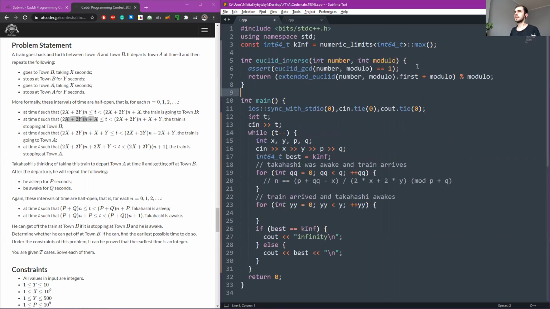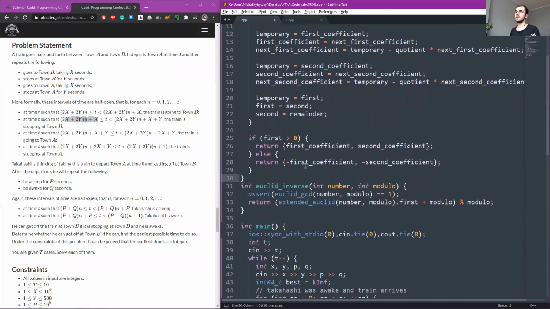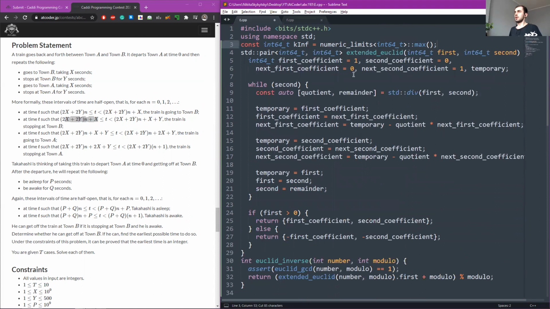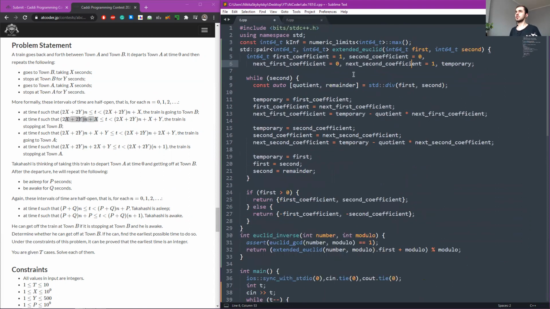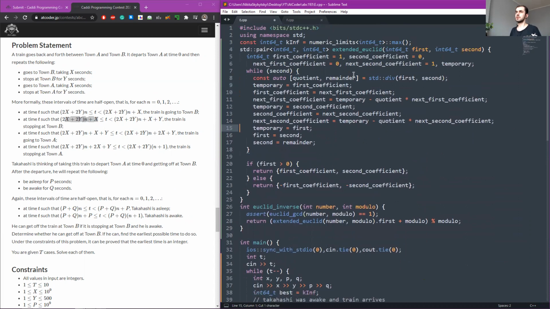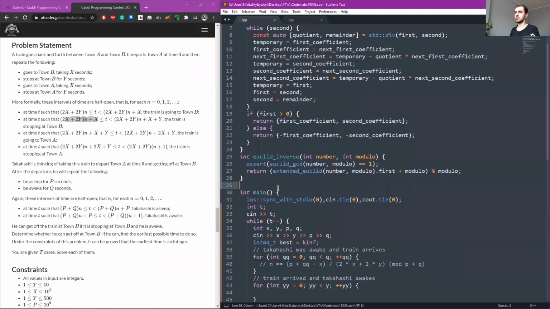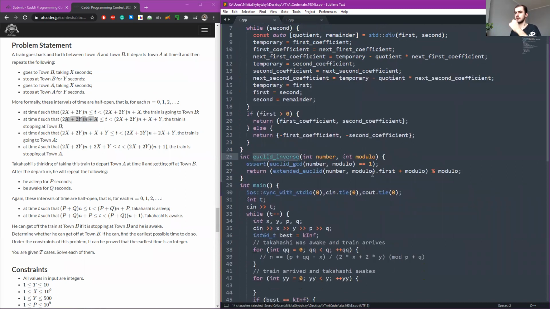Okay. This is going to be our first sync. Then I think this is going to be our second sync. Yes, it's really just the extended Euclidean algorithm, some version of it, and it has an inverse.